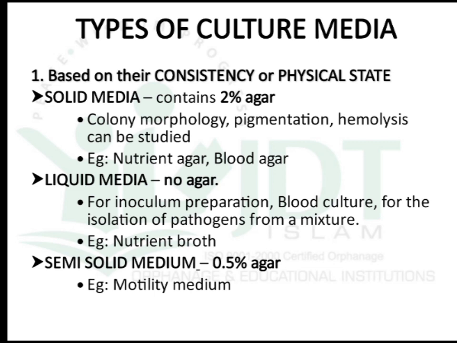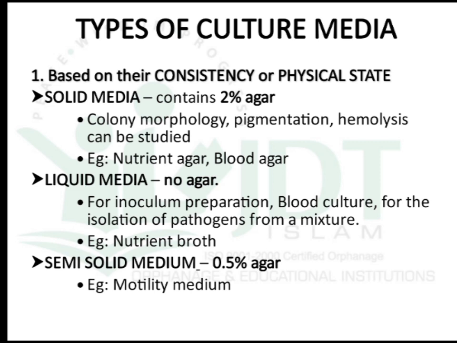The only difference is the physical state as well as the concentration of agar present in each media. Solid media contains 2% agar, and it is mainly used for colony morphology, pigmentation and hemolysis studies. Examples are nutrient agar and blood agar.